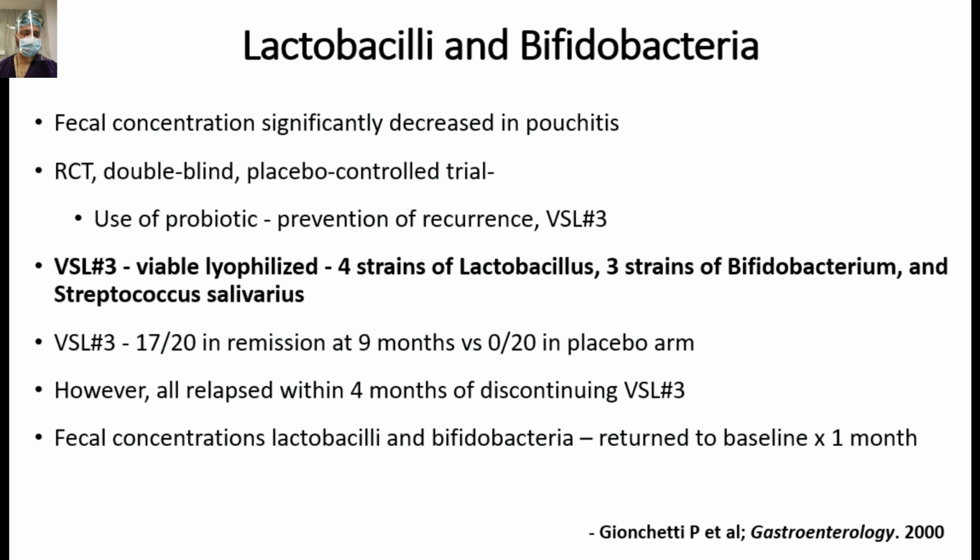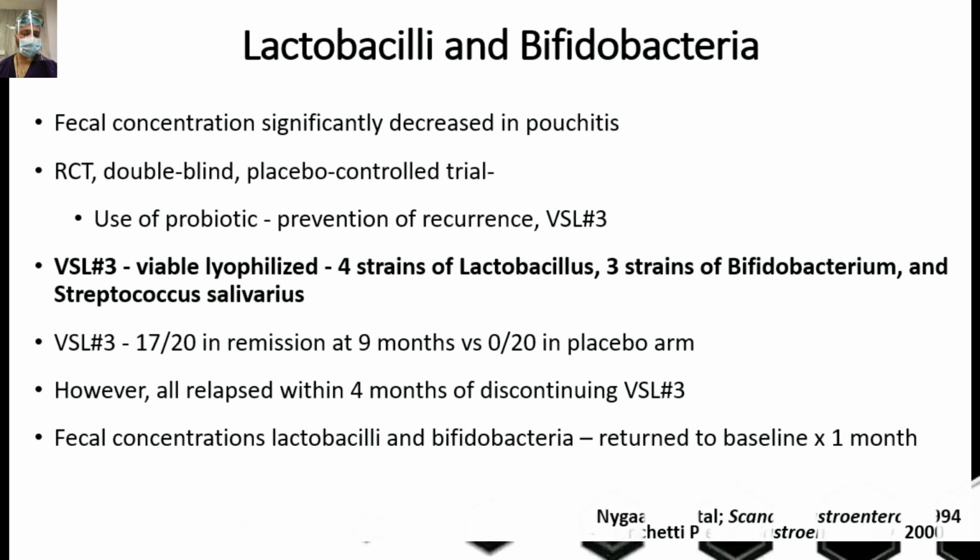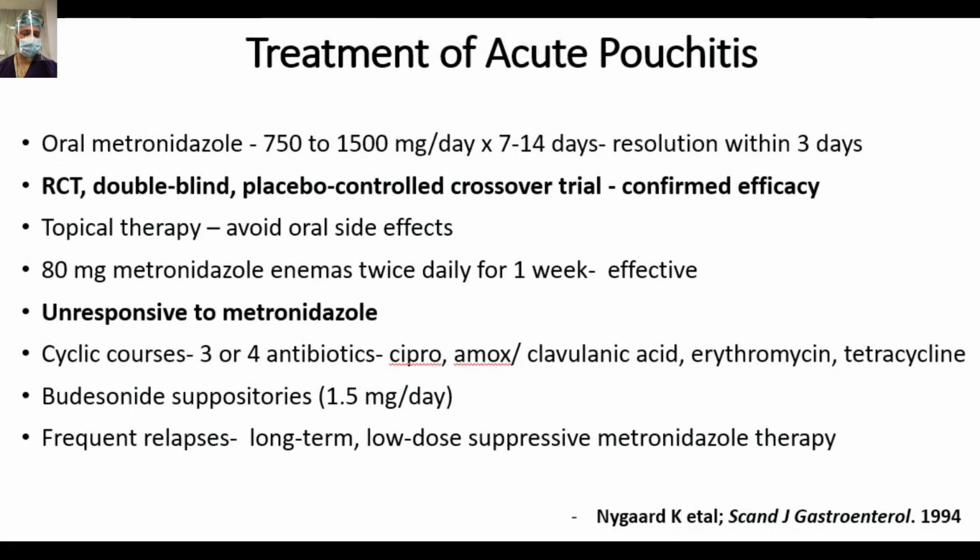However, all the patients in the probiotic arm had a relapse within 4 months of discontinuation, and the fecal concentration of lactobacillus and bifidobacteria returned to baseline after 1 month. Having said so, to maintain the remission, we have to keep these patients on long-term prophylaxis with the probiotic.